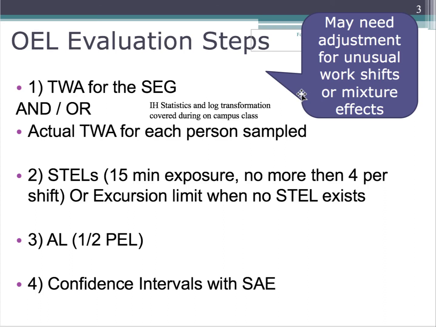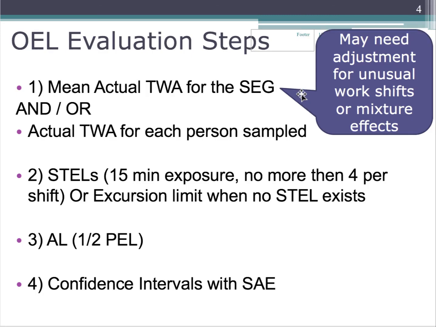So many different ways in which we can evaluate exposure. So briefly to recap, your time-weighted average, half of the PEL to look at whether you've exceeded an action limit or not, and then we could look at our severity and put confidence intervals on them with our standard analytical errors.